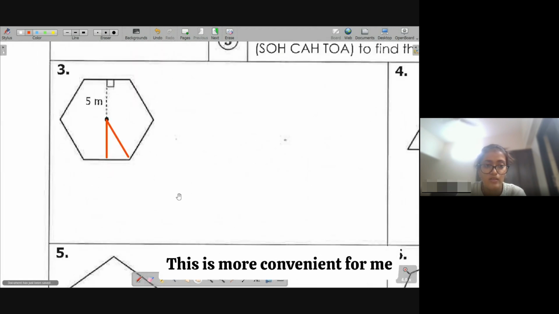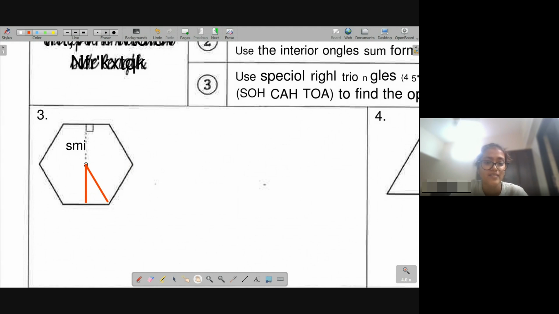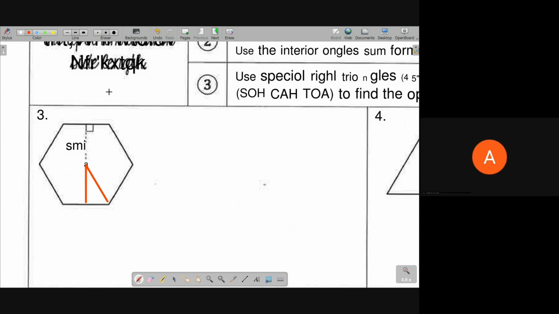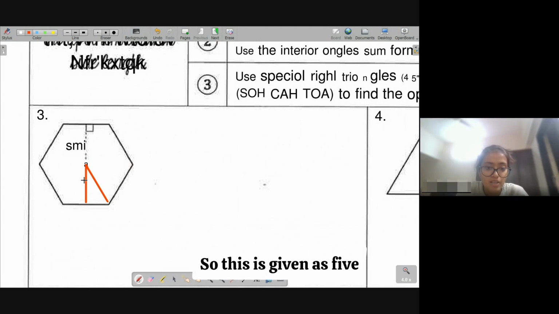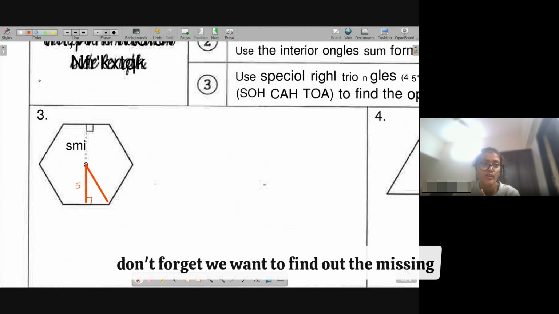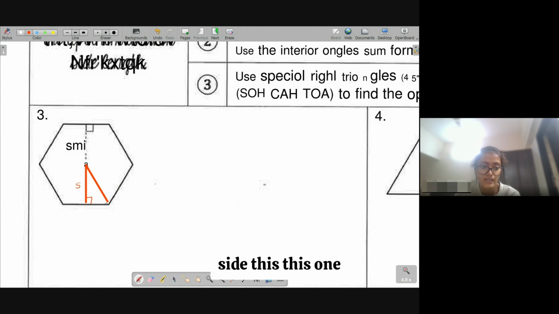This is more convenient for me. Actually, no, that makes sense. Never mind. So this is given as 5. This is a right angle. Don't forget, we want to find out the missing side, this one.